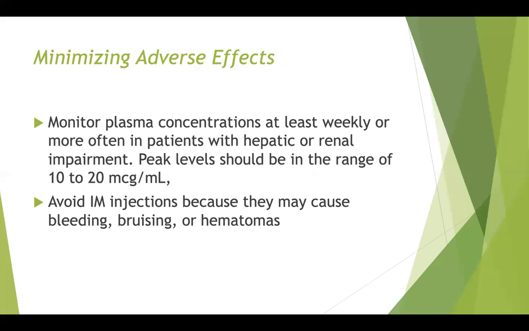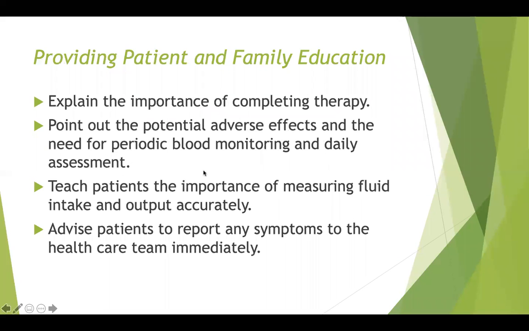Most of the time, doctors would rather prescribe another medication than risk the patient's hepatic and renal impairment. Avoid IM injections because they may cause bleeding, bruising, and hematomas. So it is usually only administered IV.